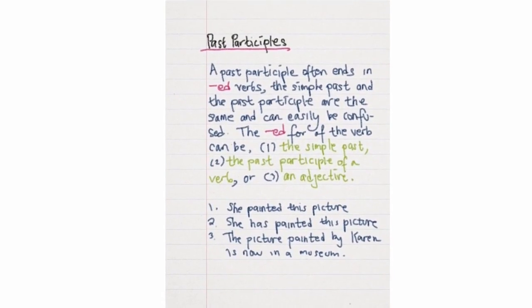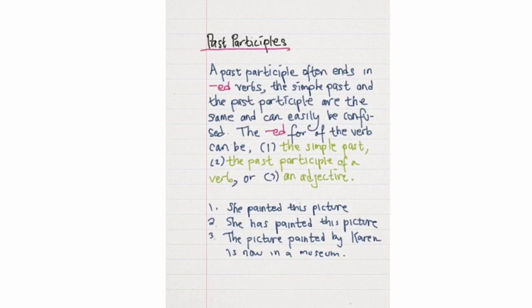The following outlines what you should remember about the past participle. A past participle often ends in ed, but there are also many irregular past participles. For many verbs, including ed verbs, the simple past and the past participle are the same and can be easily confused.